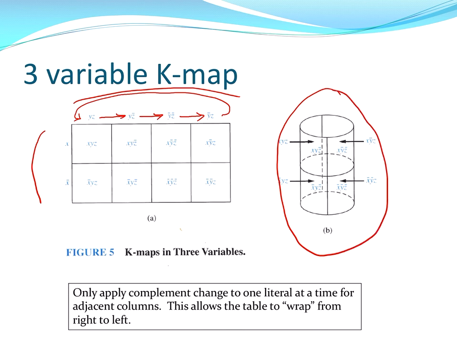What that means is if we have a 1 in the upper left cell and a 1 in the upper right cell, then we can cover those with a grouping of size 2 that wraps around like that.